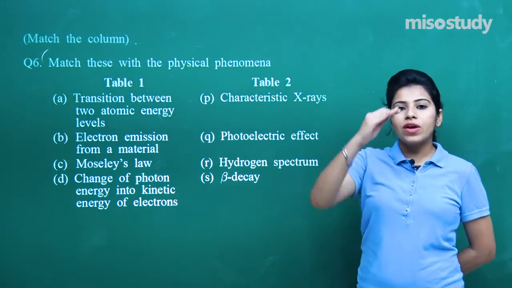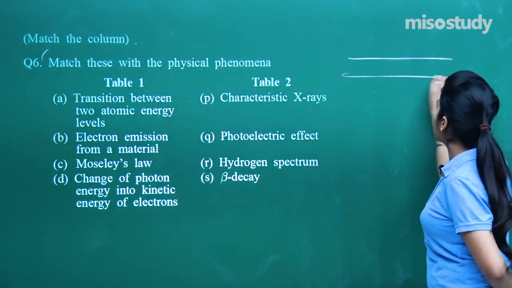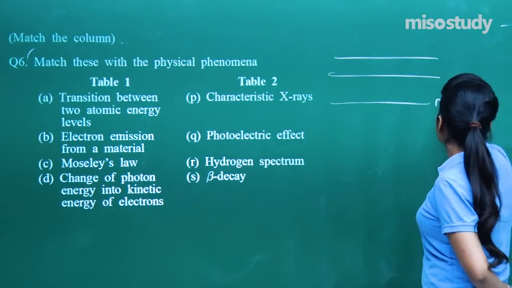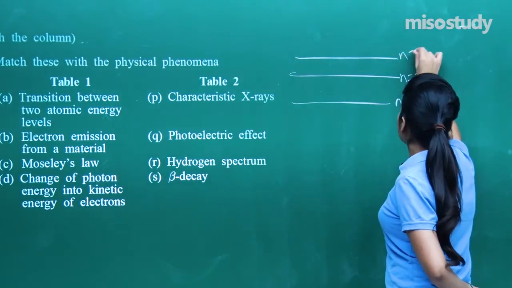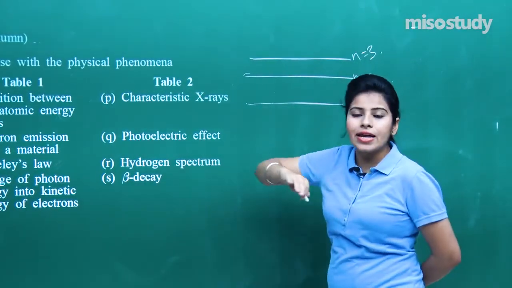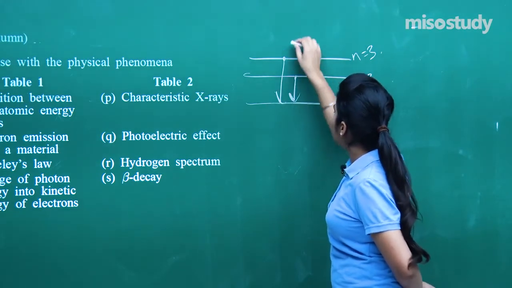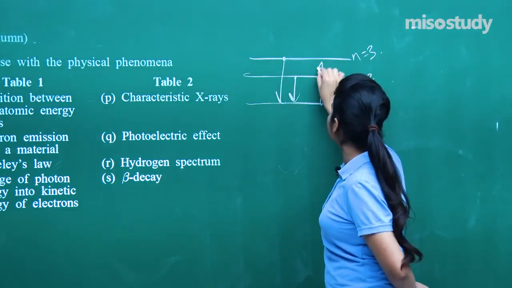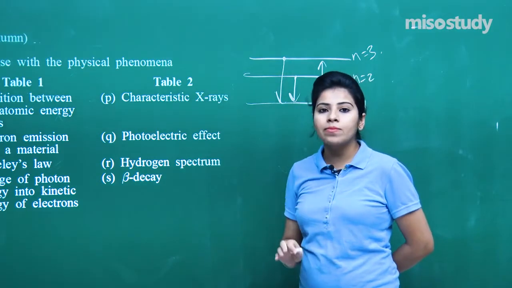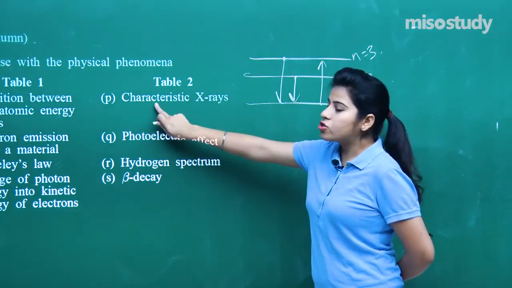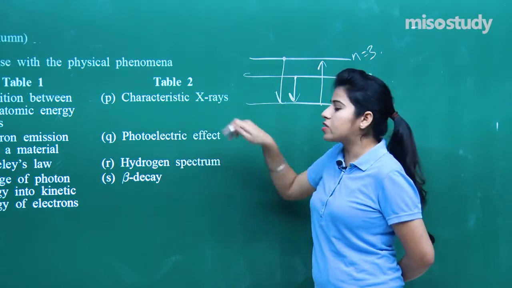We know that when there are energy levels before us, many things can happen. If the electron is jumping from here to here, there are certain number of cases. First option, characteristic X-ray.